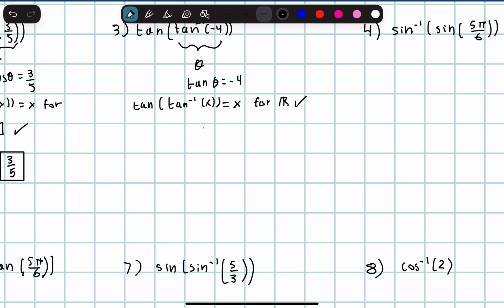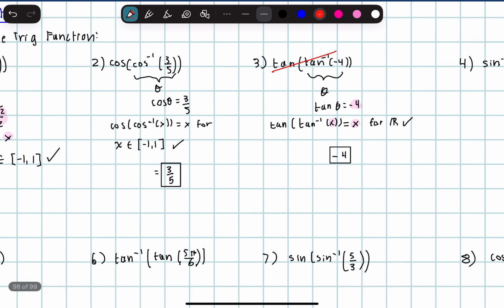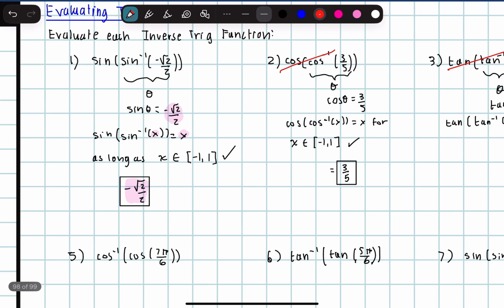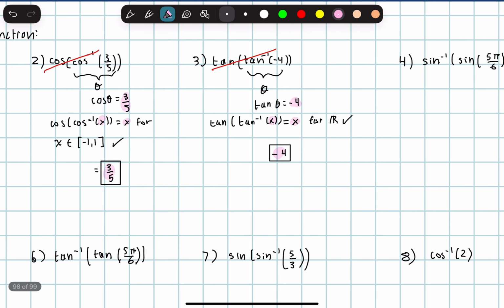That's true. So that means that, again, it's just negative 4. It cancels out. So you need to remember that it's just the same thing. That's the same negative 4.